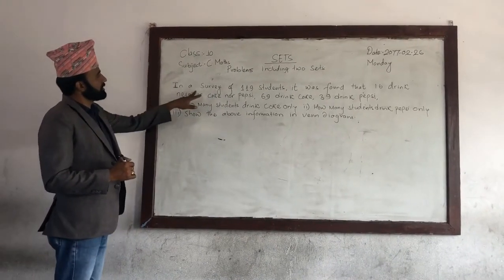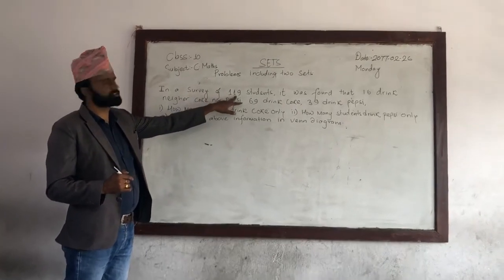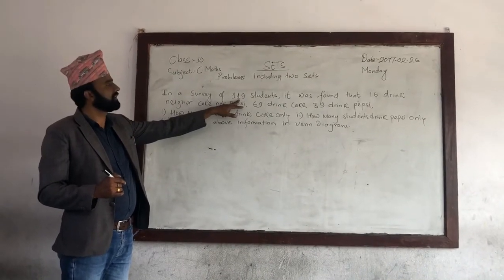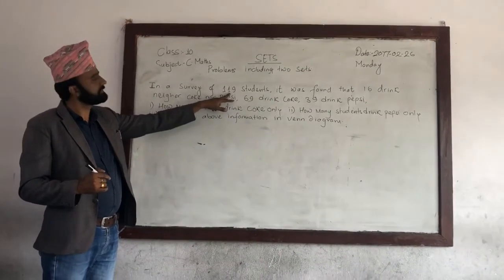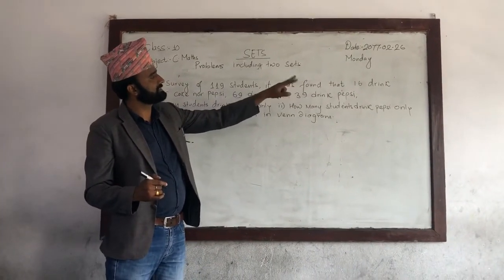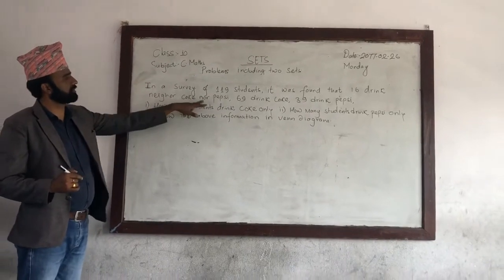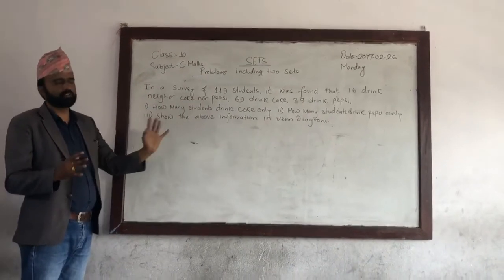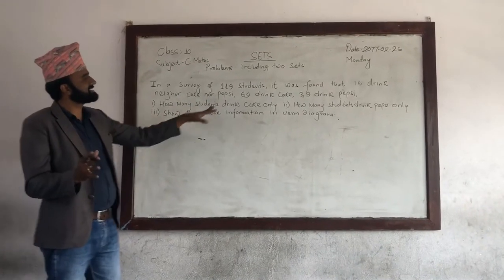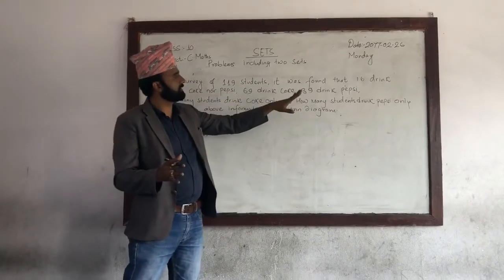In our survey of 119 students, the total number of students participated in a survey are 119. It was found that 16 drink neither Coke nor Pepsi. 16 do not like any drinks. 69 drink Coke, 39 drink Pepsi.